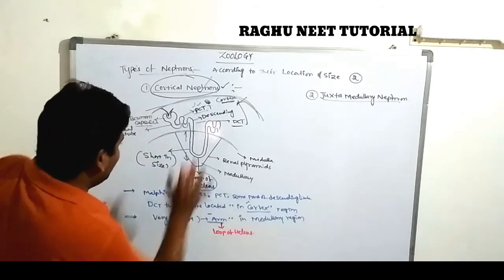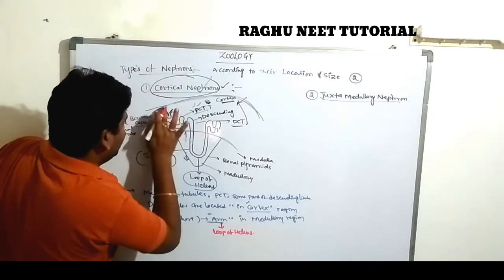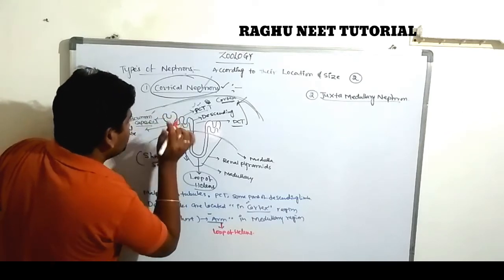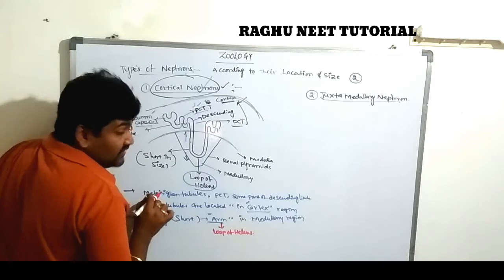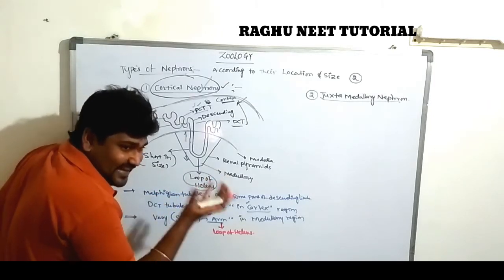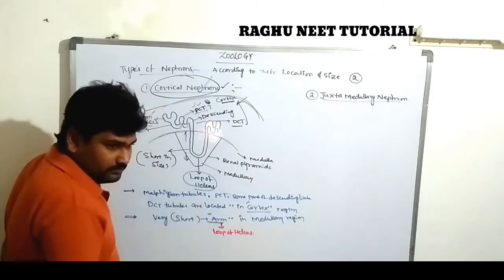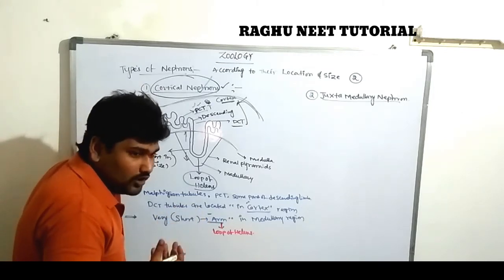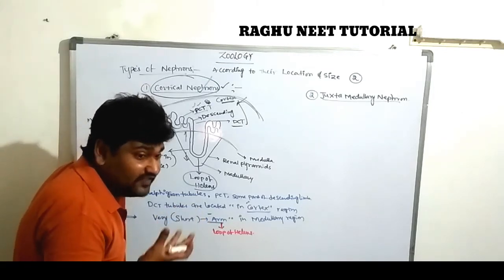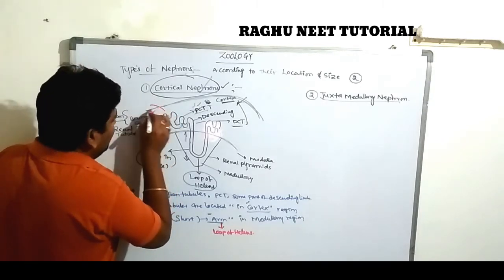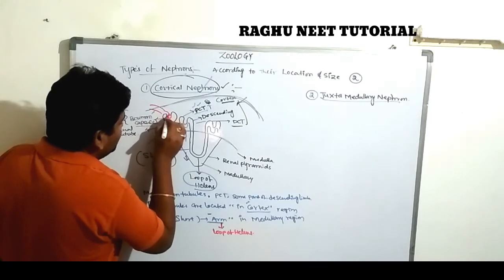Are you clear? So let's see the information about the cortical nephrons. These cortical nephrons have a Bowman's capsule. The Bowman's capsule has a cavity occupied by a huge set of capillaries.